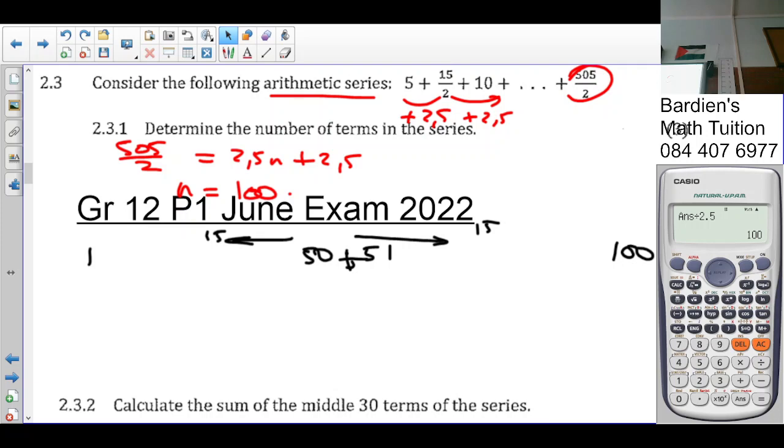So 50 minus 15 is going to give you 35. Then 51 plus 15 is going to give you 66.